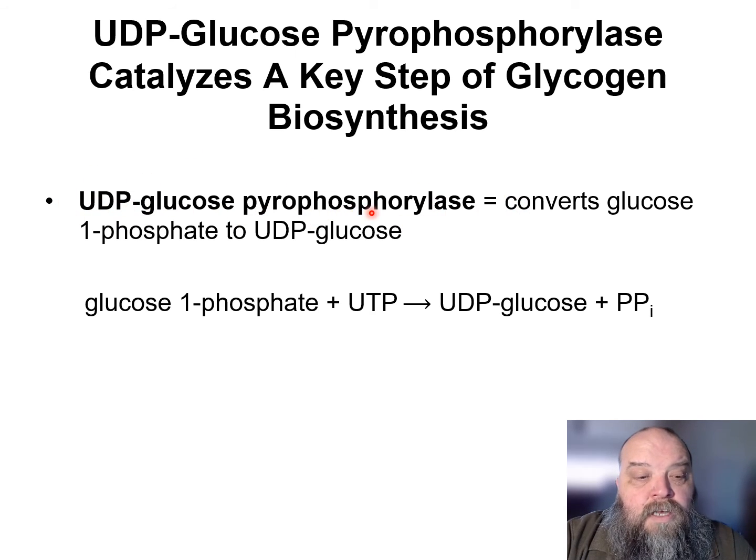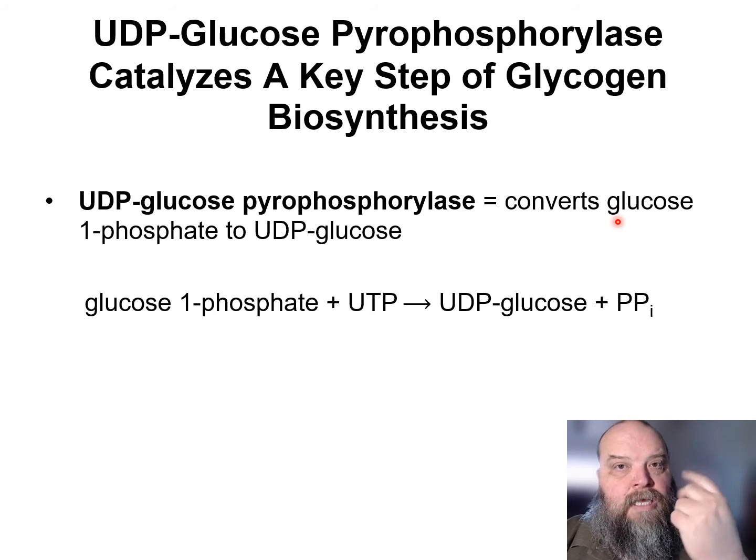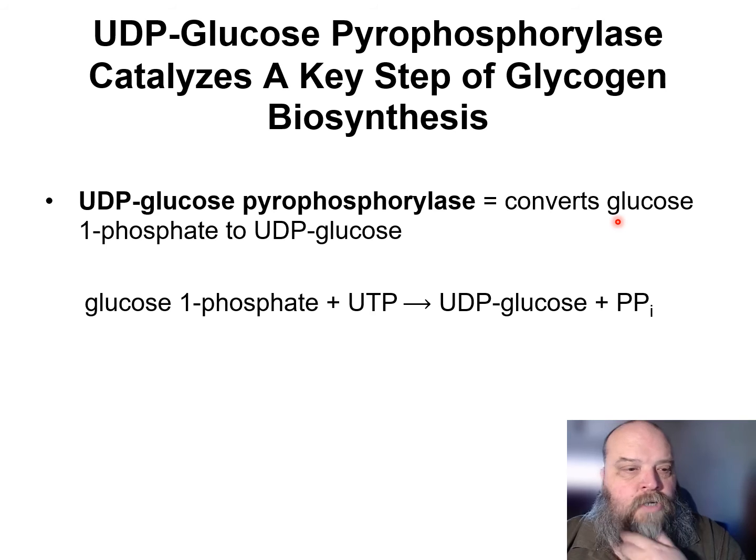UDP glucose pyrophosphorylase takes that G1P that was just made either by hexokinase or lactate gluconeogenesis, phosphoglucomutase turning G6P into G1P, and then UDP glucose pyrophosphorylase takes glucose 1-phosphate and uridine triphosphate, and gives us our UDP glucose.